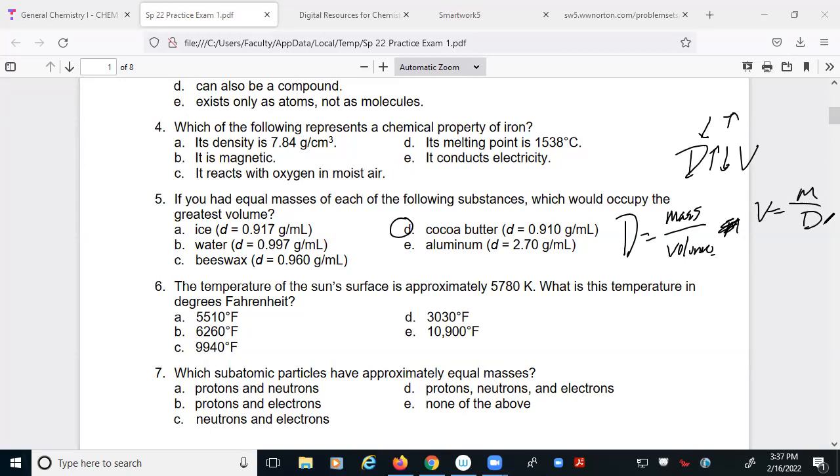So you could take 3 divided by 0.917, 3 divided by 0.997, and calculate all of those, and you'd arrive at the same answer quantitatively. Because it is an equal mass, the mass that I said, I just picked 3 out of random. You could have chosen anything.